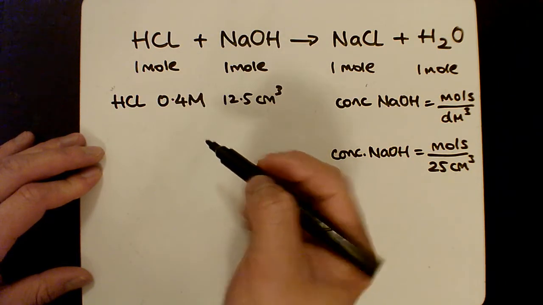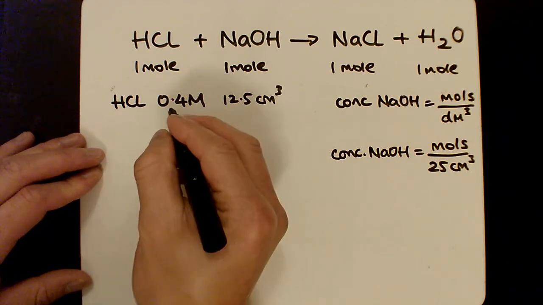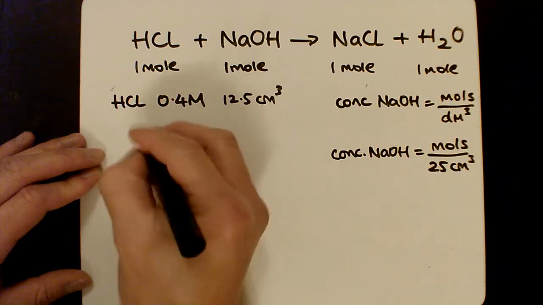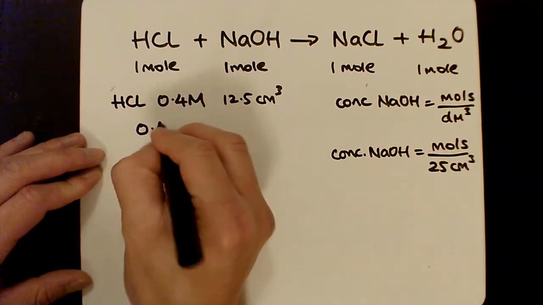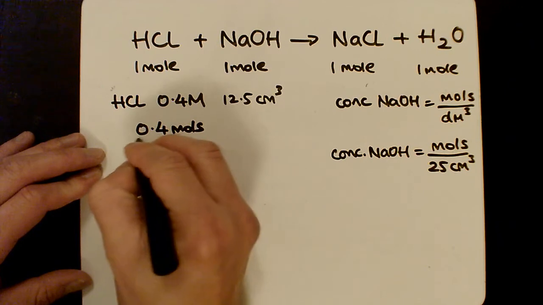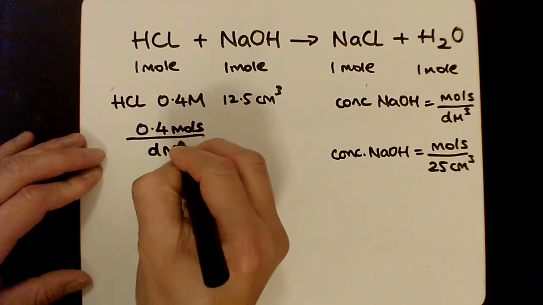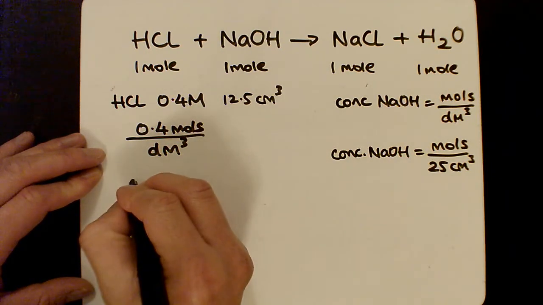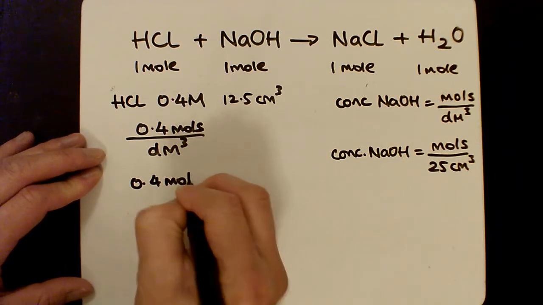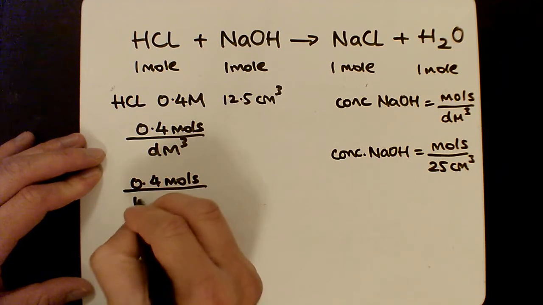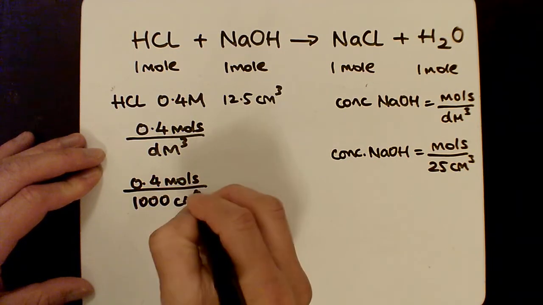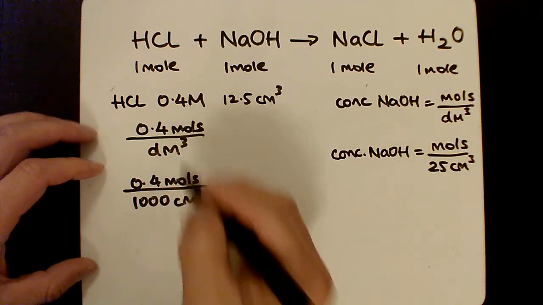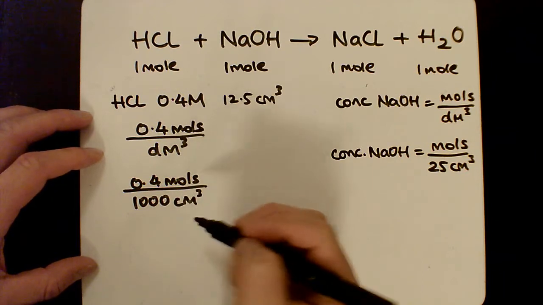So if we have a look, 0.4 molar, we can rewrite that as 0.4 moles per decimeter cubed, or we can write that as 0.4 moles in 1,000 centimeters cubed, because that is the formula for concentration, moles over volume.